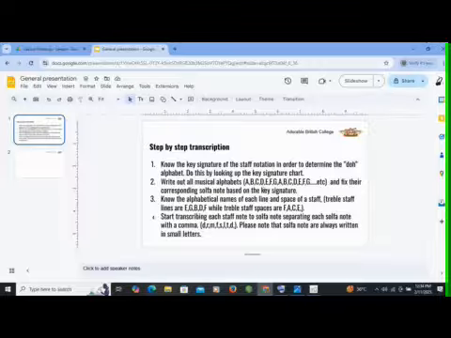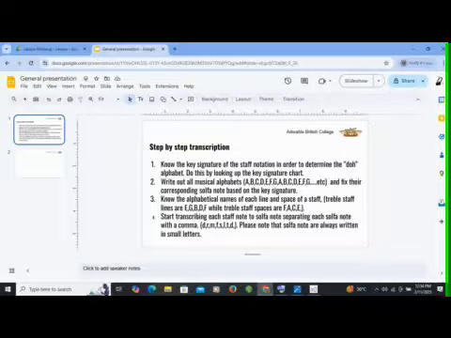So what you are required to do is, now that you know that the Do alphabet is C, you now say C is equal to Do, D is equal to Re, E equals Mi, F equals Fa, G is equal to So, A equals La, B equals Ti, and C Do. So that is what the second step tells you to do.